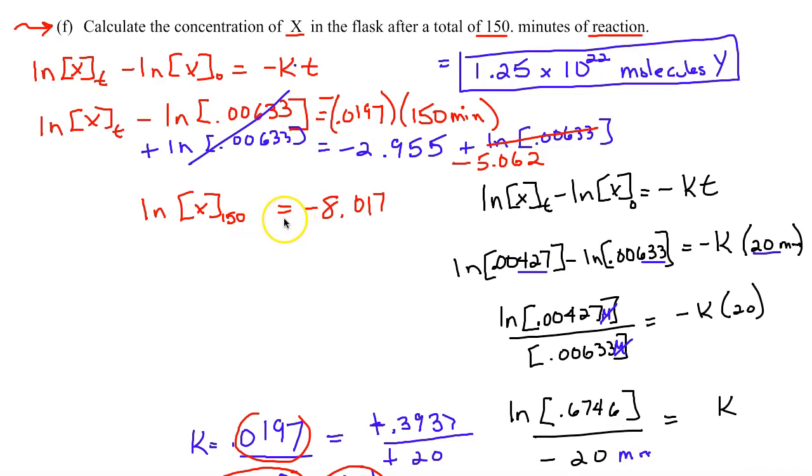And so to do this, what we do is e to the x on both sides. And why do I do that? Well, e to the x brings this down to x, and this becomes e to the negative 8.017. So let's do that. Second function, e.